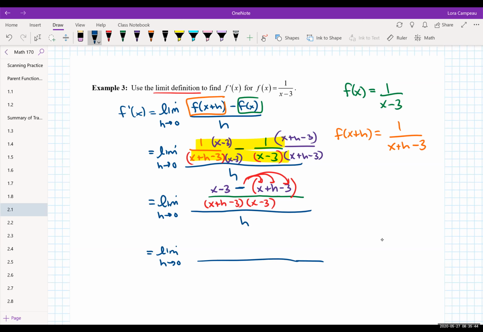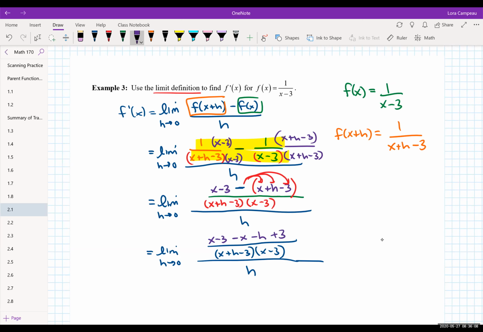So let's make this a little prettier. I'm looking at the denominator. I have x plus h minus 3, x minus 3. And now I'm just going to simplify that numerator. We have x minus 3 minus x minus h plus 3.